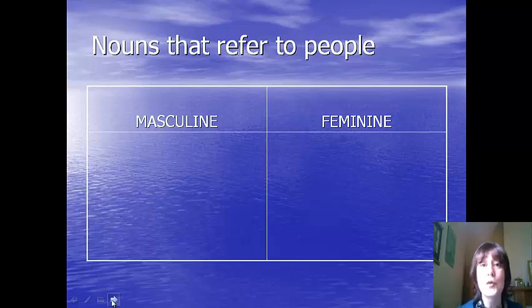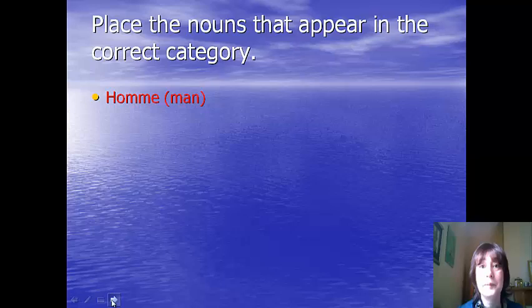If you don't want to be bothered writing, then just have these two categories in your head. We're first going to look at nouns or words that refer to people. You're going to see some words appearing, and you're going to have to put them in the feminine category or the masculine category. But alternatively, you can just do it in your head. So let's get started. Homme.